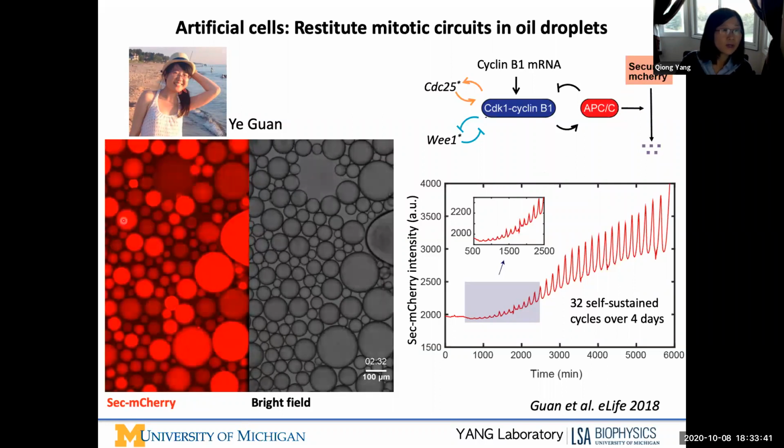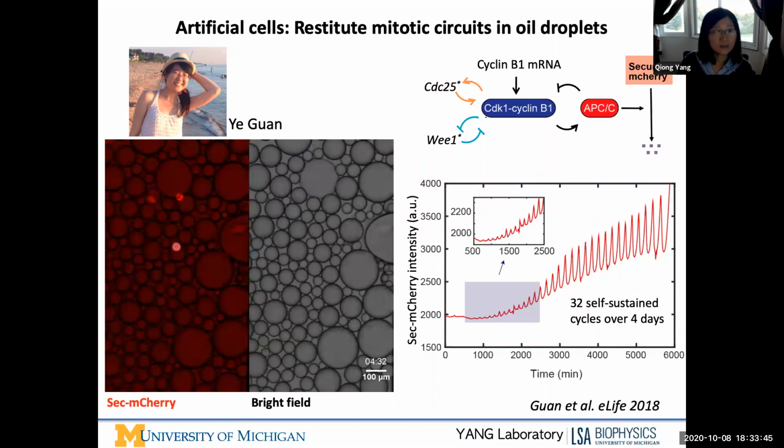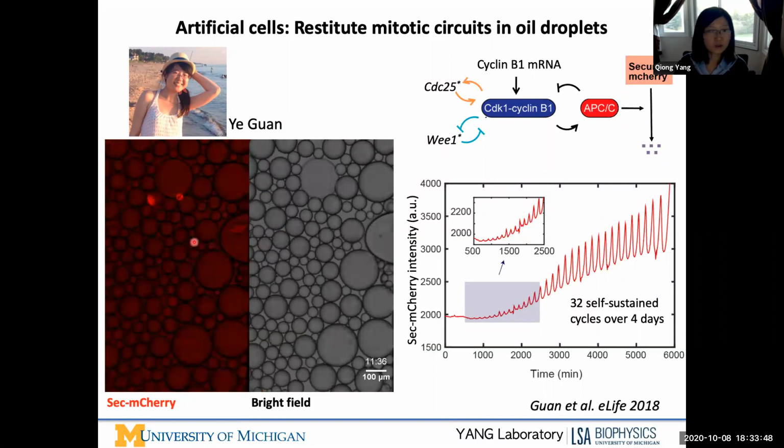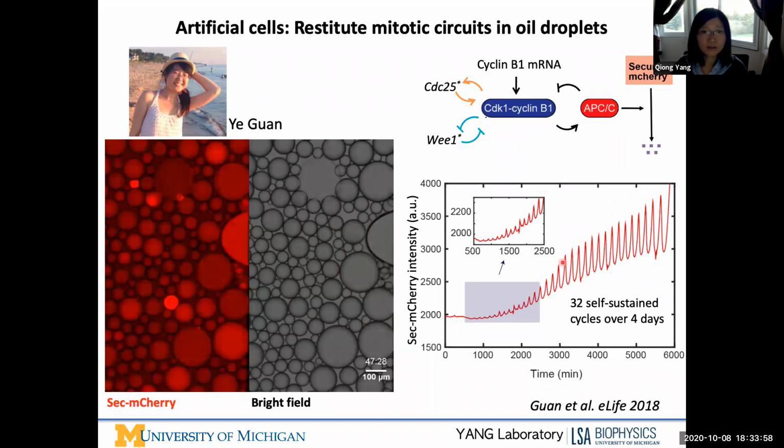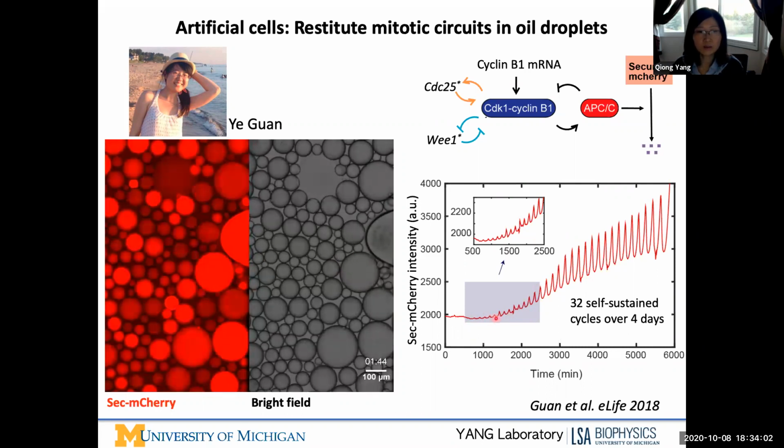I hope you can see on the left that each droplet, regardless of the size of the droplet, always has these oscillations from low to high and then back to low again for many cycles. On the right, we select one of the droplets for analysis and trace it over the whole time course.